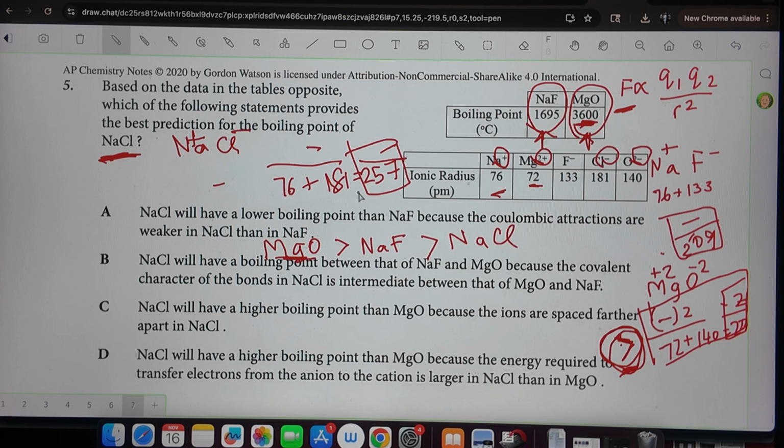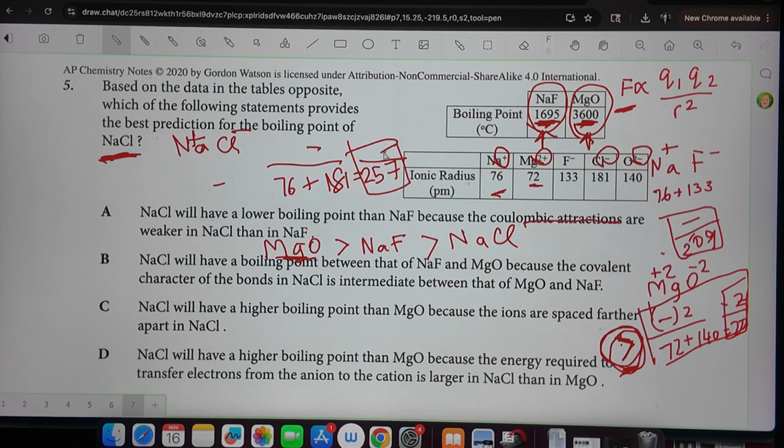and so it would be less than 1695. So NaCl will have a lower boiling point than NaF because the Coulombic attractions are weaker. Its attractions are the weakest.